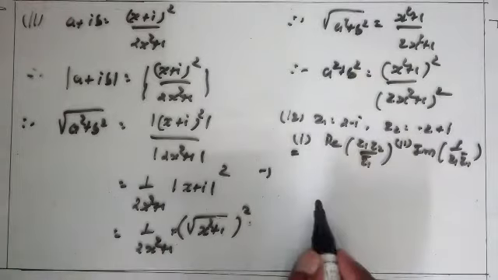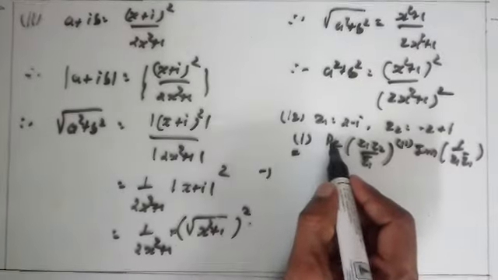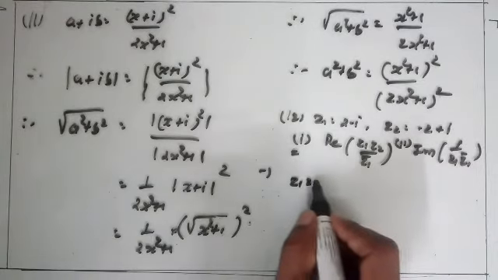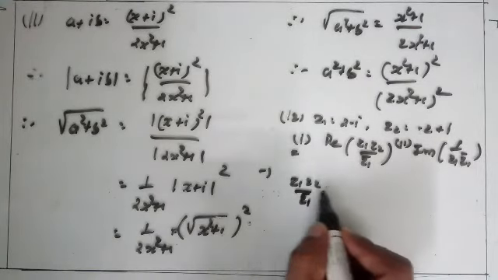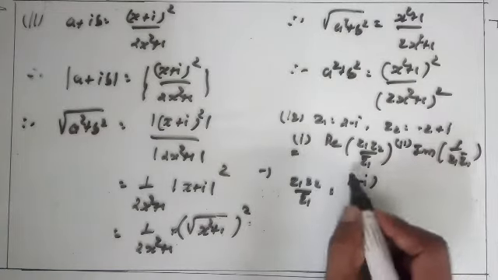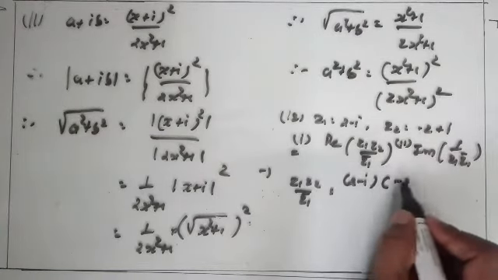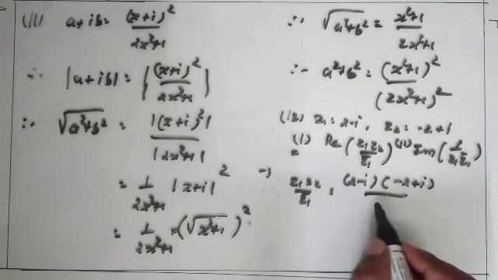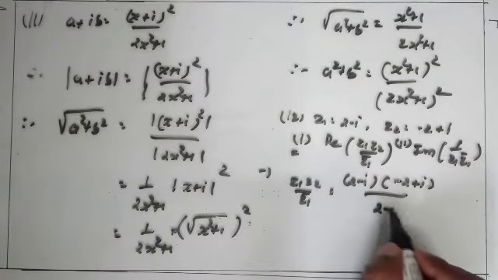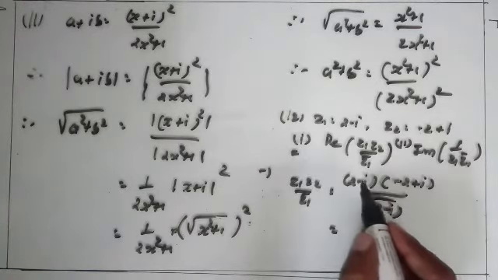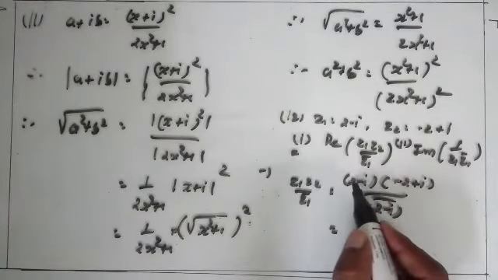Here, first, to get the real part of Z1 Z2 upon Z1 bar, we first find Z1 Z2 upon Z1 bar. Here Z1 is equal to 2 minus I, Z2 is equal to minus 2 plus I, upon Z1 bar, which is the bar of 2 minus I. So now simplify this.